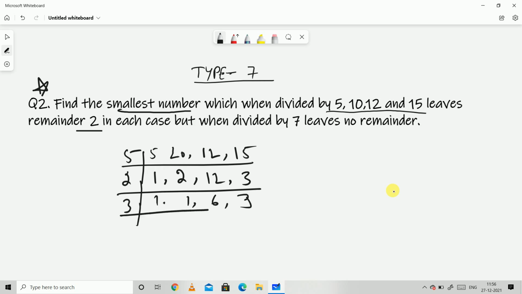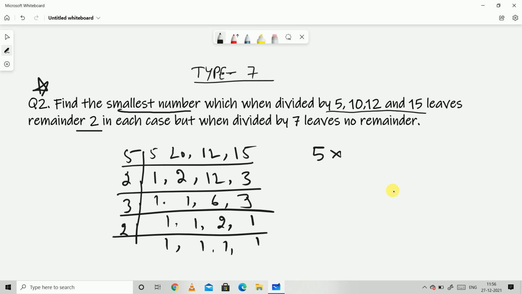Then we have 3 and 1, 1, 2 and 1, and finally we'll have 2. Okay, so what is the LCM? 5 into 2 into 3 into 2, and that is 10 into 6, which is again 60. So 60 came out to be the LCM.